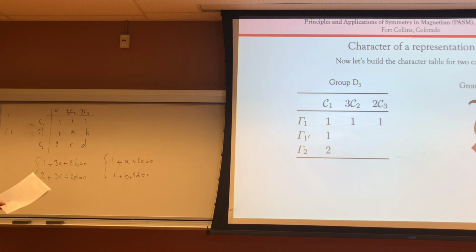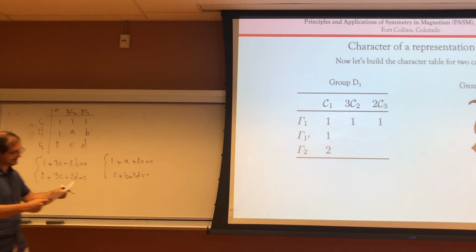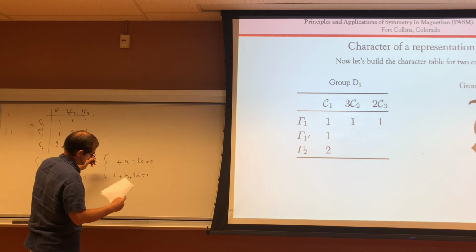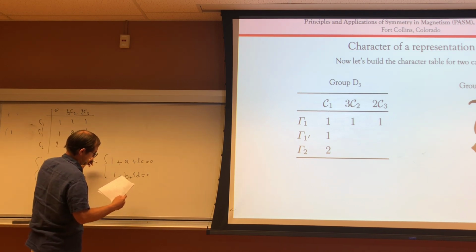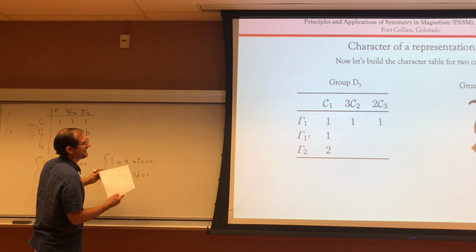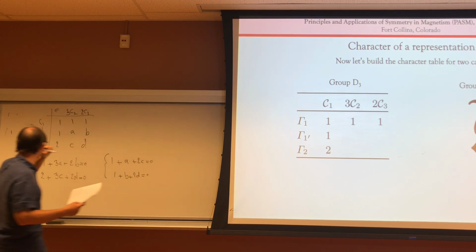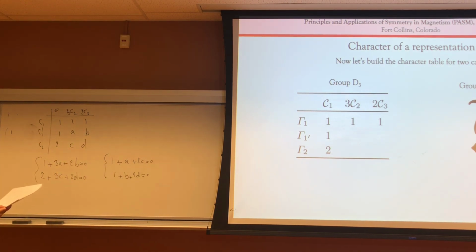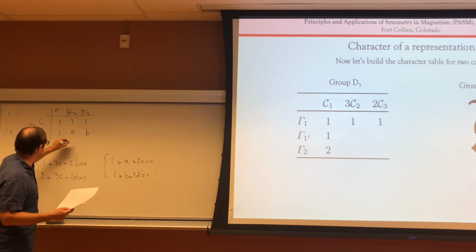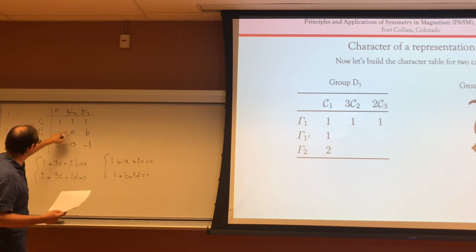Once you do that, what you obtain is, let me check. I don't have it. If I remember well, C is 0. Yes, C is 0, so D is minus 1. So what we have is 0, minus 1.